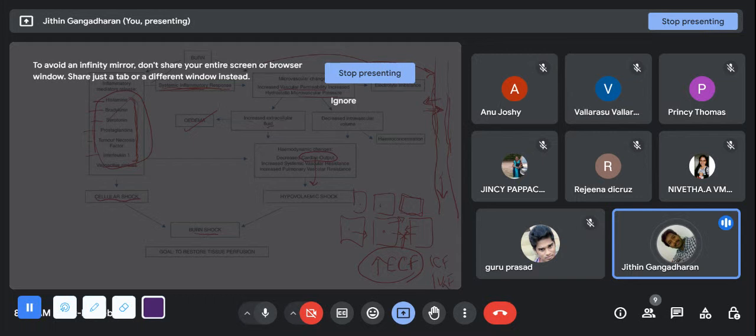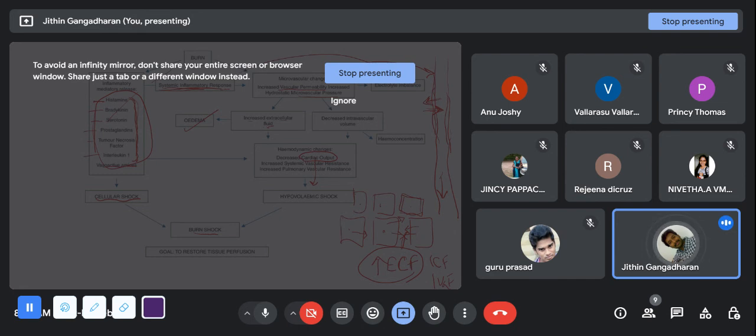So when there is an increase in the extracellular fluid, there will be a decrease in the intravascular volume, which leads to decreased cardiac output and hypovolemic shock. Right. This is how the pathophysiology of burns takes place.